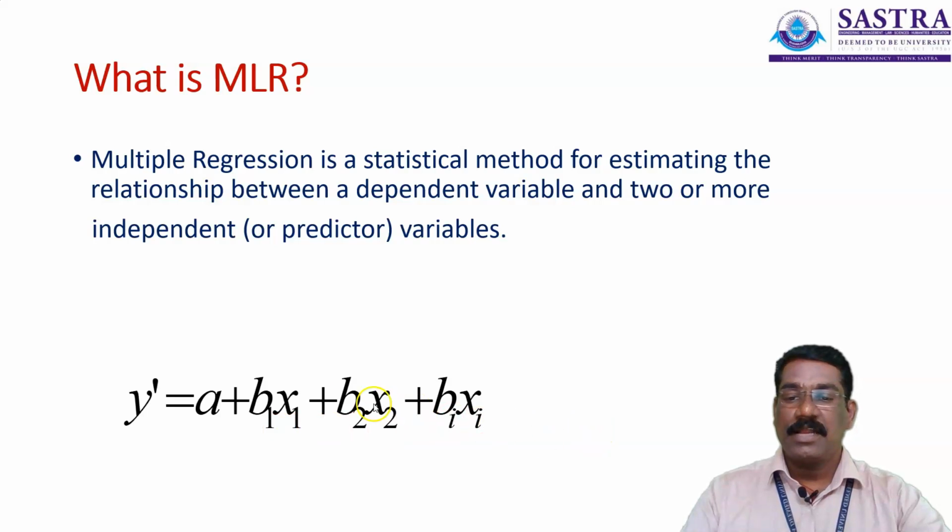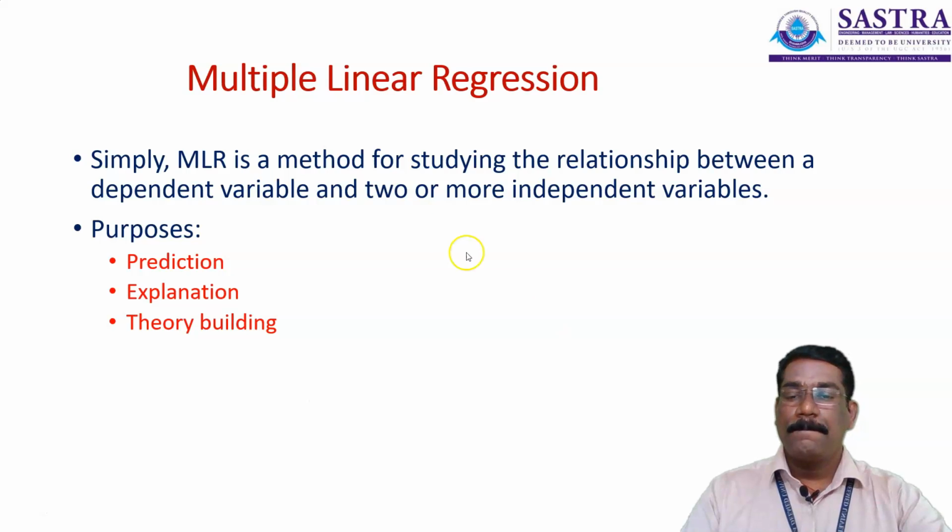We have to write this regression equation. So this is the regression equation. These variables are called predictor variables, a is the constant, and y is called the dependent variable. Are you clear about it? These are independent variables.